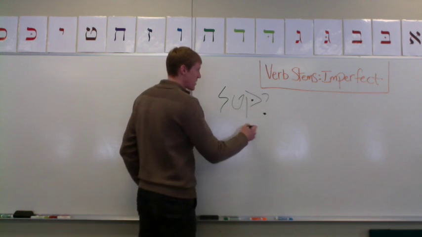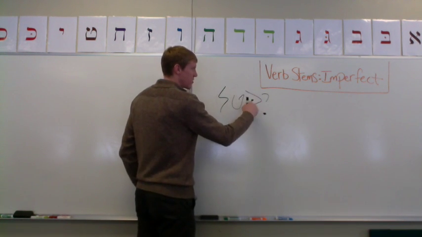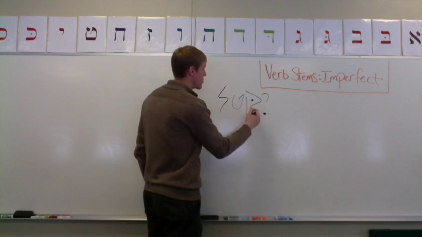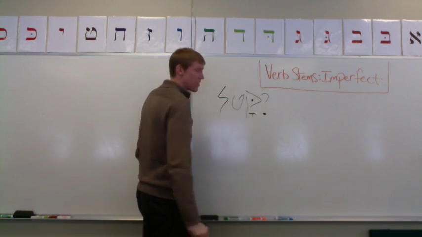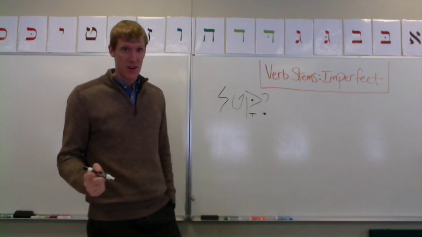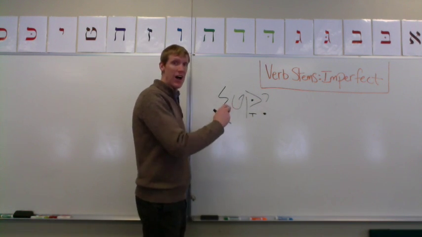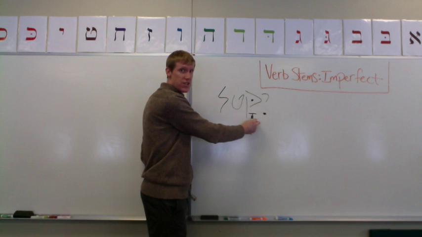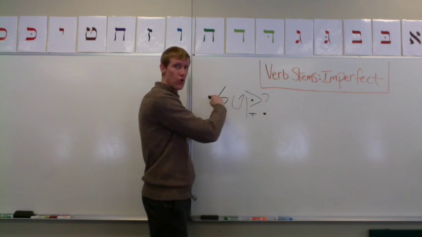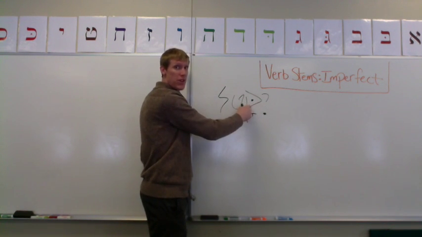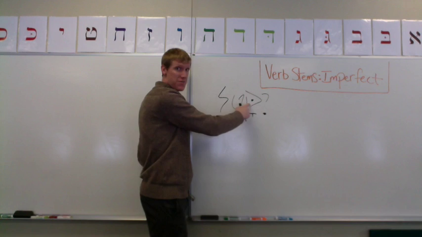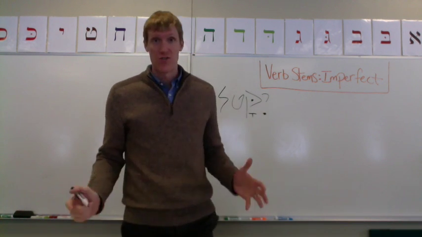Okay, so here we have a hirik with a dagesh in the first root letter, but another major difference between the pa'al and the Niph'al is that where the pa'al closes the initial syllable with a shava, you remember yik tol, here, because of the dagesh forte and this root letter being doubled, you have another syllable that's added.